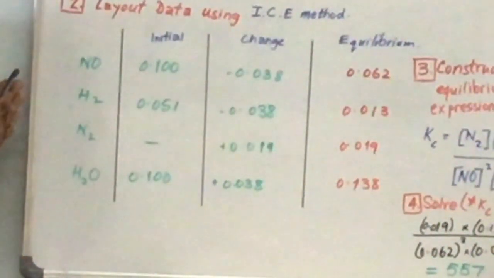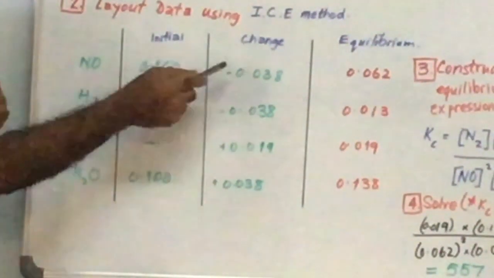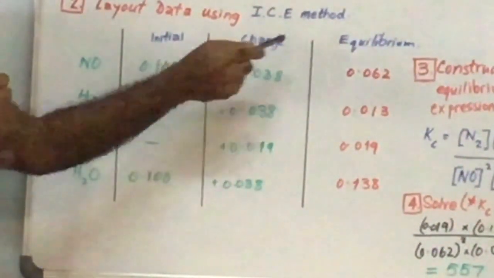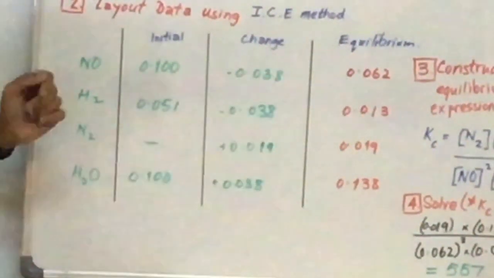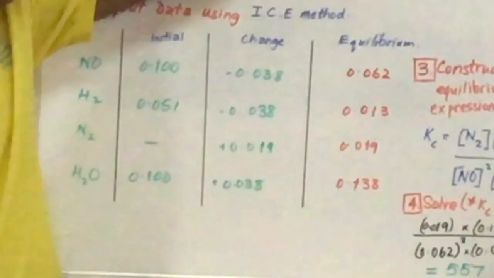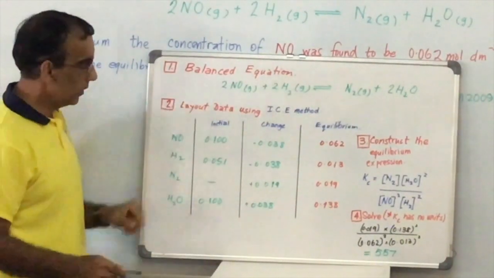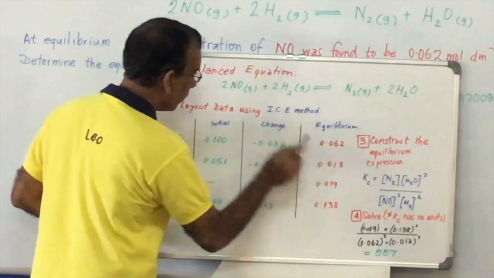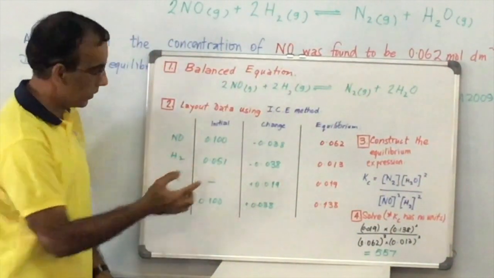So what was the change? The change was from this, which was the initial, by this much, which was lost, to give you this. So at equilibrium you have that, and that has, in the balanced equation, a 2 in front of it. So that is what you have at equilibrium. You have this amount, and it means that how much went into the reaction?